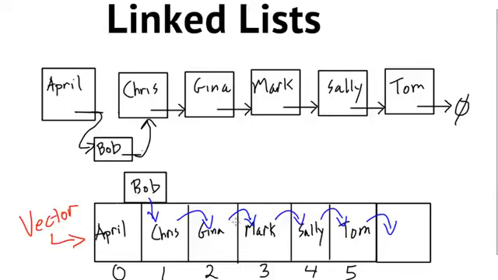What that means is we can just specify the name of our vector and a particular index value and immediately get to the contents associated with that particular element. So if we're interested in accessing the information associated with this contact Mark, we can just specify the name of the vector and the index value. Whereas in the case of the linked list, we would have to start here at April and follow these links through Bob, through Chris, through Gina, and then finally get to Mark.